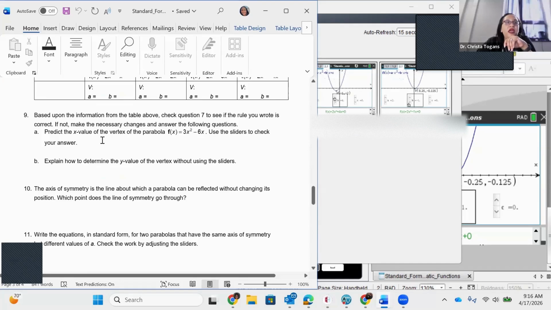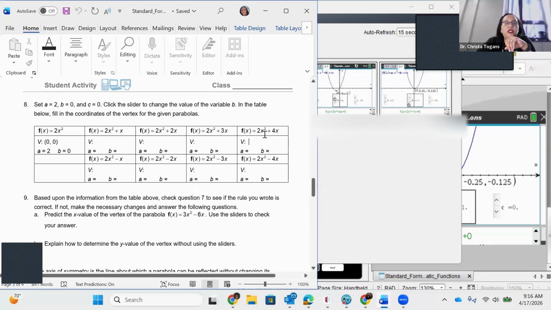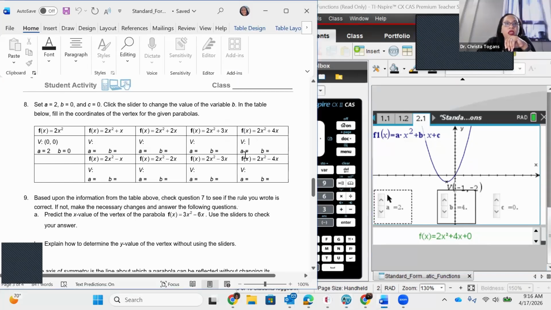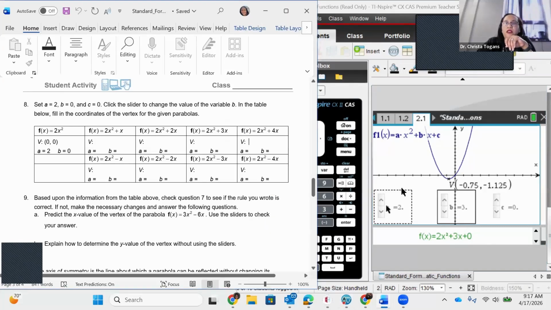So predict the x value of the vertex of the parabola 3x squared minus 6x. So this one was 2x squared plus 4x. So the vertex is -1, -2. And so what was it when it was 3? Or no, minus. Okay, minus.